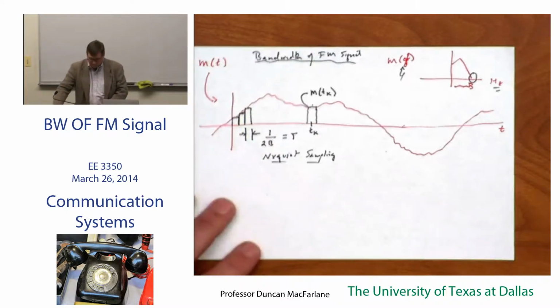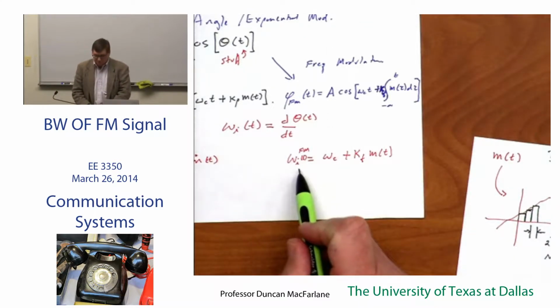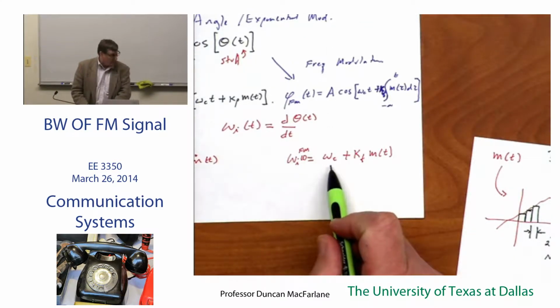But then it stands to reason, my instantaneous frequency is equal to the carrier frequency, omega c, plus the scale factor kf multiplied by m of t. Somebody wanted to get that in there, and I'm doing it.